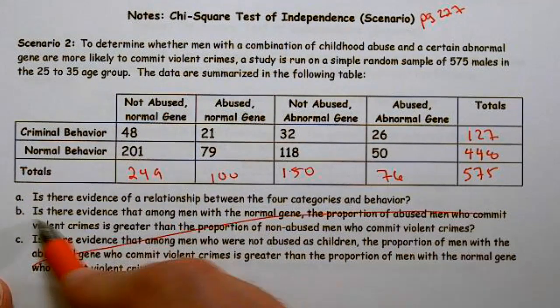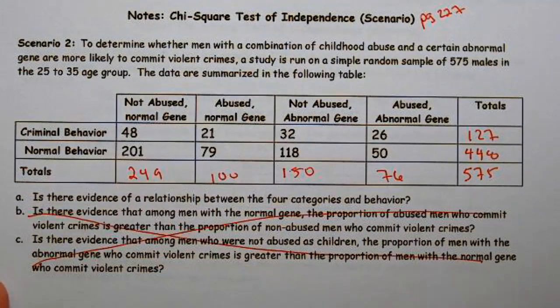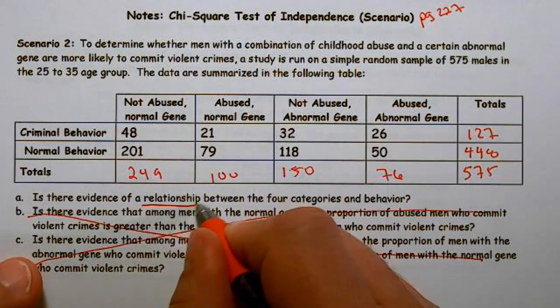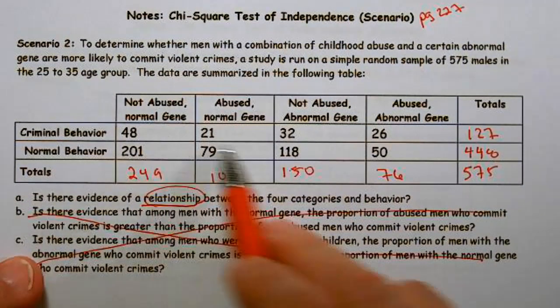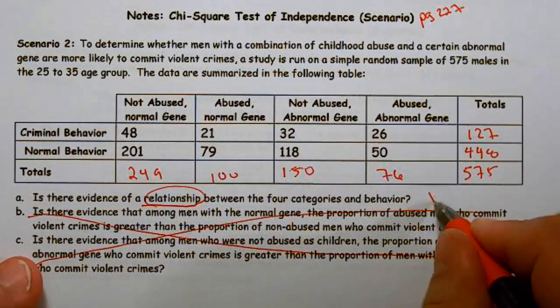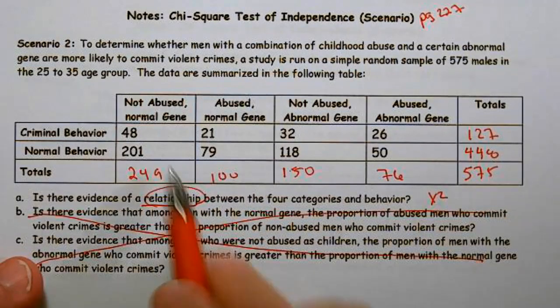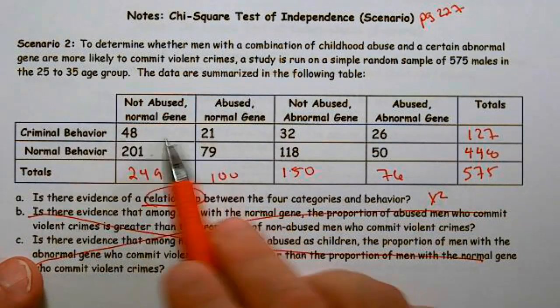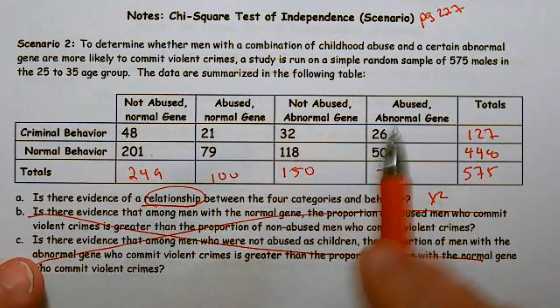It becomes too redundant. And by the way, this is a dark problem, and I don't particularly like doing it because it is dark. Is there evidence of a relationship? The fact that we have the word relationship and something with multiple rows and columns, I'm thinking this is going to be a chi-square test. I have two rows and four columns.